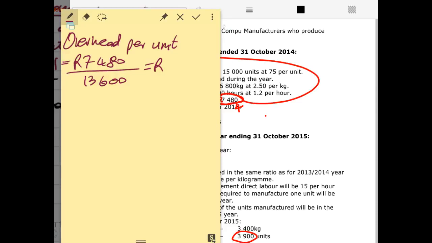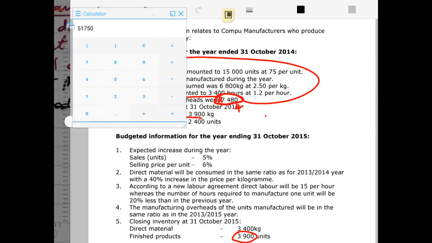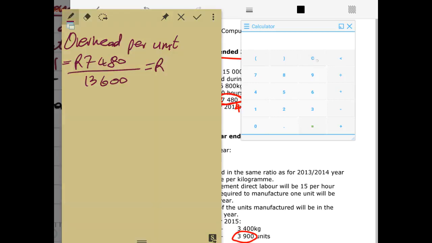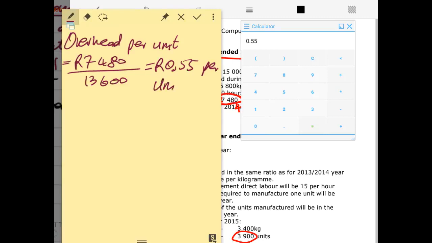We do that calculation, 7,480 divided by 13,600. This will give us 55 cents per unit. That means it cost the company in terms of overheads 55 cents for every unit that they manufacture.